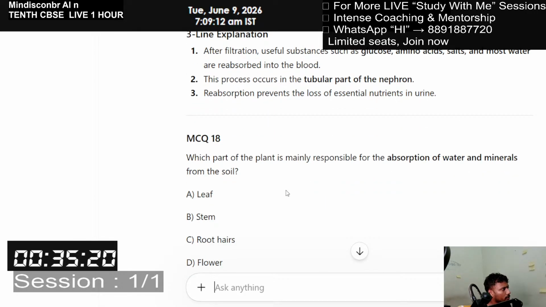Which part of the plant is mainly responsible for the absorption of water and minerals from the soil?